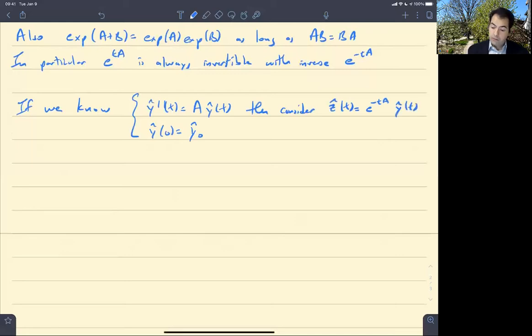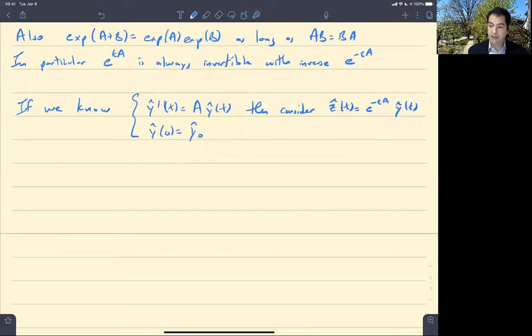Okay, so I want to show that the unique solution to this system is the exponential of A multiplying y naught. So the way we're going to show that is assume that you have any solution y hat of t to the system, and consider this function c hat of t, which is just take the exponential of minus A and multiply it with this.